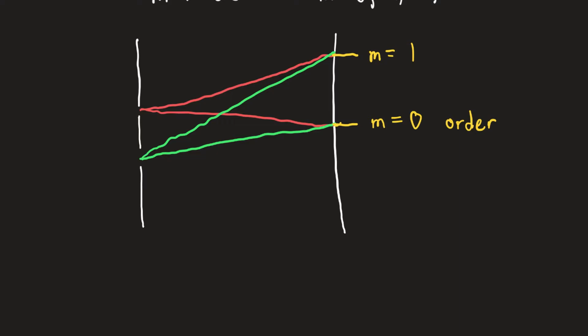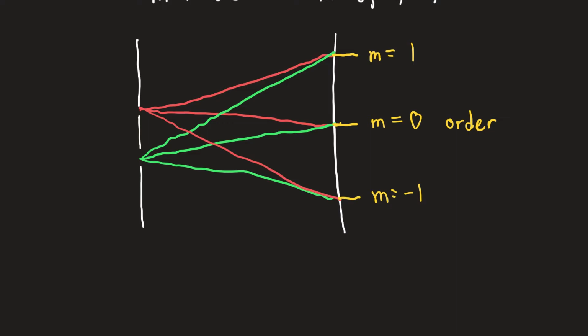Or we could have the case where the green wave doesn't travel as far, but the red wave has to travel farther. That's going to be another bright spot. It's the same as the top bright spot, except the red wave is traveling further this time, and this is going to be the bright spot m equals -1.